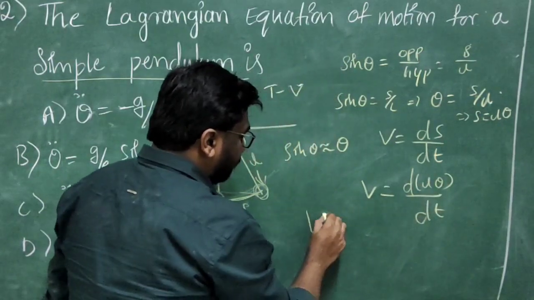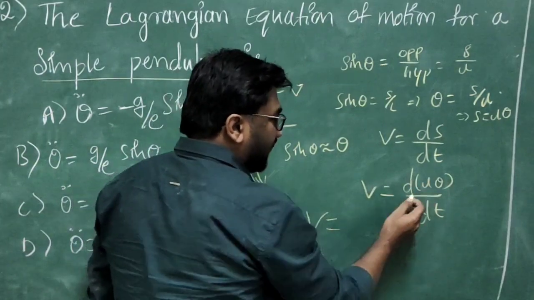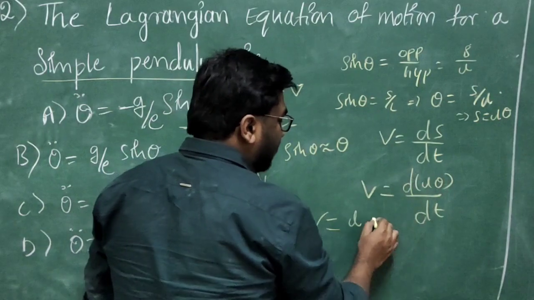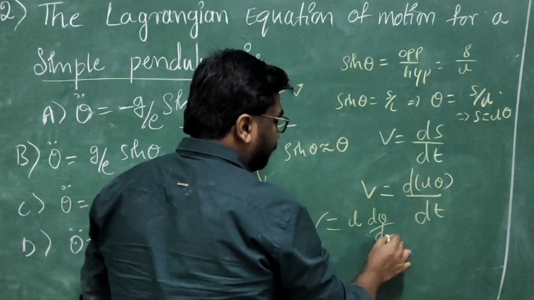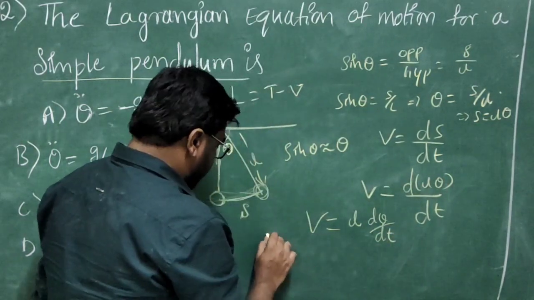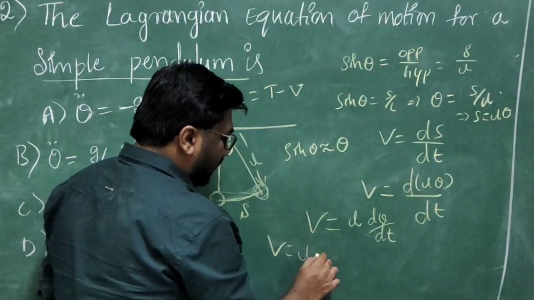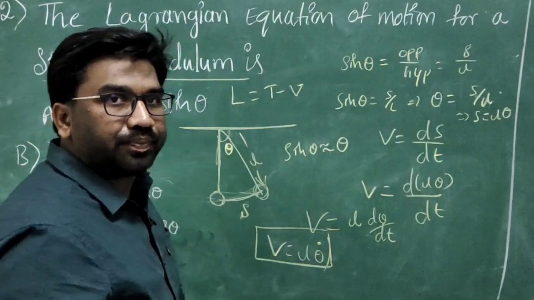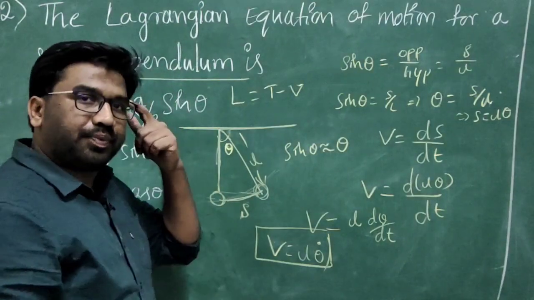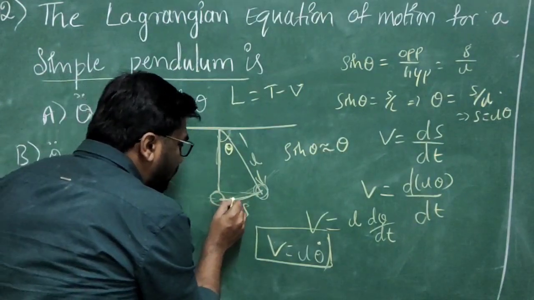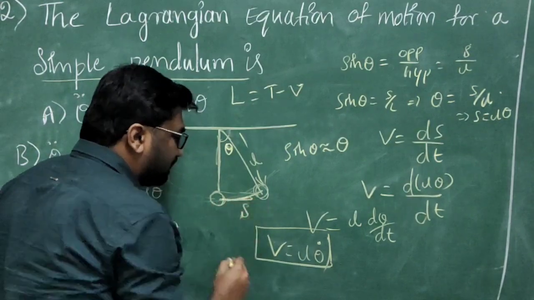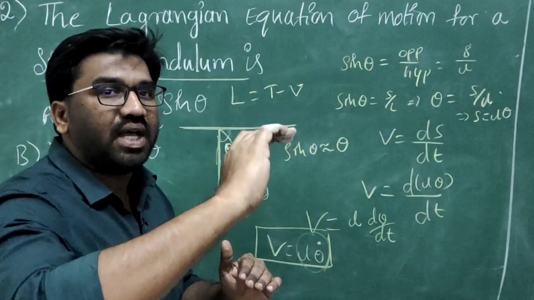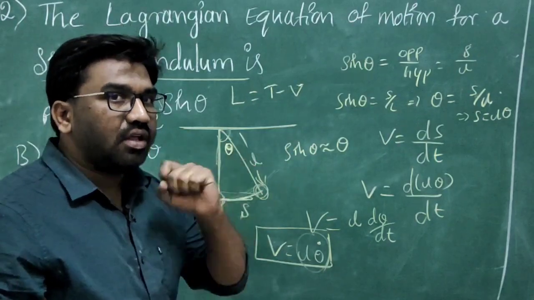Differentiating, L is constant, it is not changing, so V is equal to L into d theta by dt. We can write this as V is equal to L into theta dot. So this is the velocity of the bob when a small angular displacement takes place. L into theta dot is related to the angular velocity; it has some angular velocity.